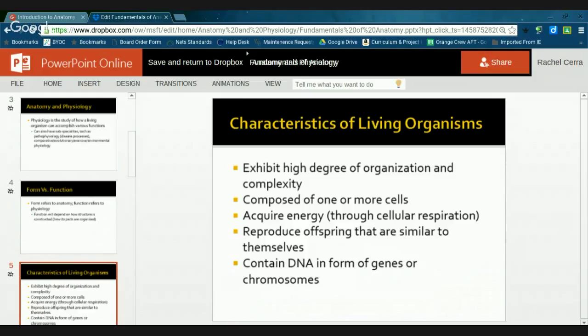The fourth thing that all living things need to be able to do is they need to be able to reproduce organisms that are similar to themselves. Not like looking exactly the same, like with your parents, if both parents have brown hair, it doesn't mean that you're going to produce a kid that has brown hair. It means you're going to produce an organism that's going to look like another human being, a head, 2 arms, 2 legs, can walk, is upright, is bipedal, 10 fingers and toes, things like that.